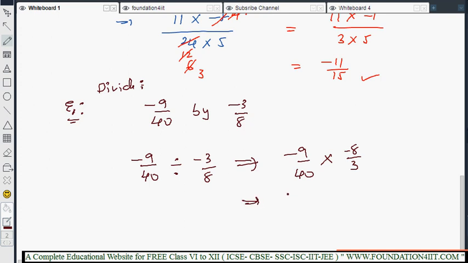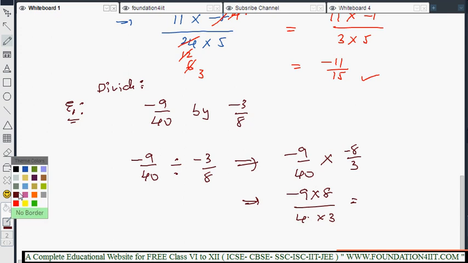Then -9 into 8 by 40 into 3. We can cancel, since common factors are there. 4 is the common factor for 40 and 8: 4 ones are 4, 4 tens are 40.